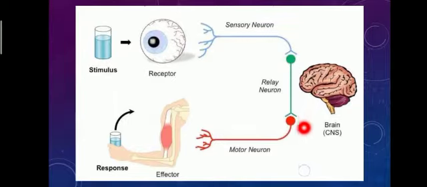Then the brain sends the message to the muscles of your hand to pick the glass of water and drink it. So this is the response which you are showing. Stimulus is received by the eyes, then the impulse is sent to the brain, then the brain again sends the impulse to the muscles, and then accordingly you act.